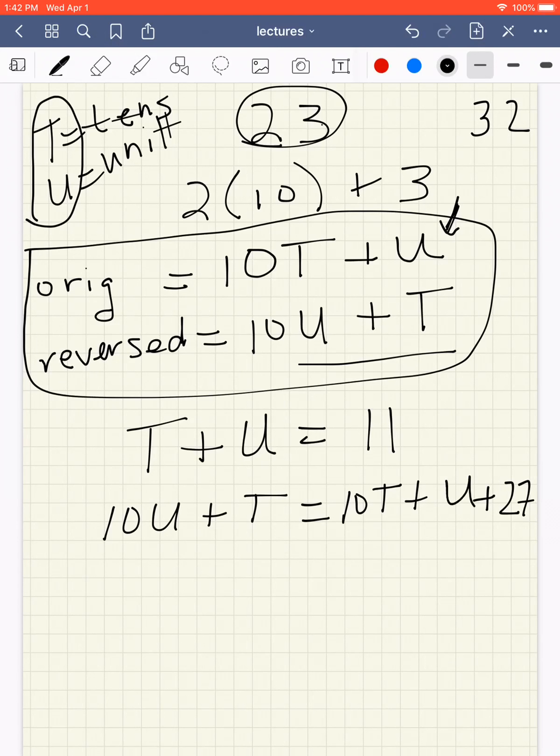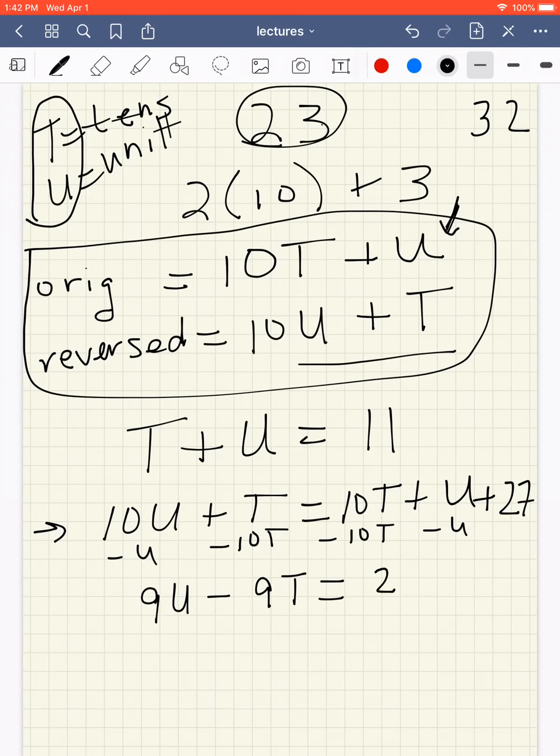Okay, so now we've got two equations, two variables, not a problem to solve them. Of course, we need to simplify this one. So if I subtract u from both sides and I subtract 10t from both sides, I will get 9u minus 9t equals 27. Now what can we do to that equation?